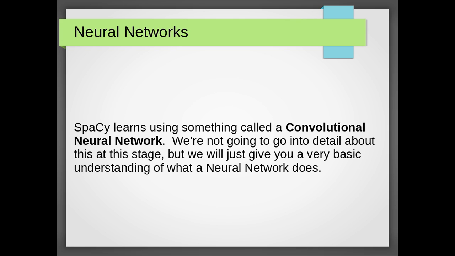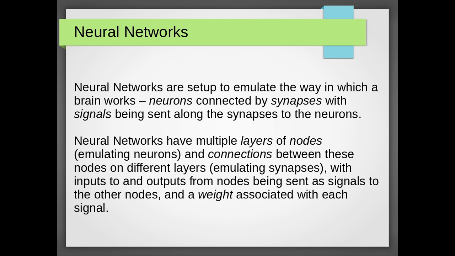This is really just to give you a very basic understanding, a reminder of what a neural network does. Neural networks are basically set up to emulate the way in which the brain works, which is the idea of having neurons connected by synapses, with signals being sent along the synapses to the neurons.